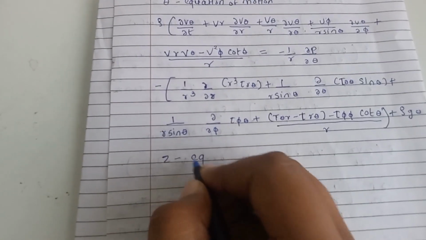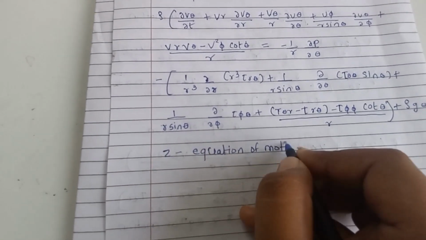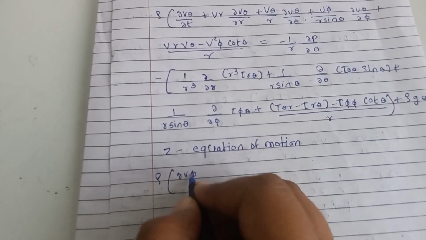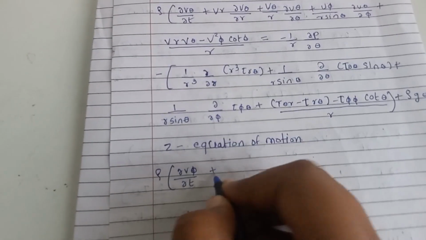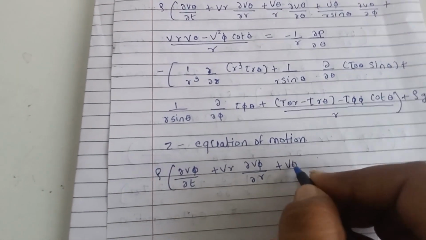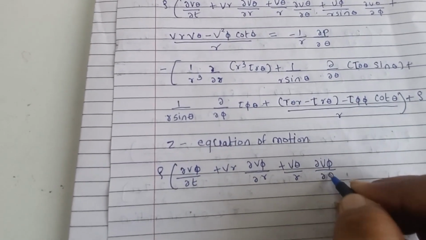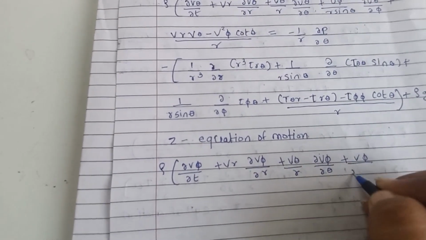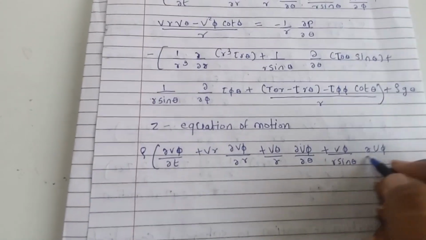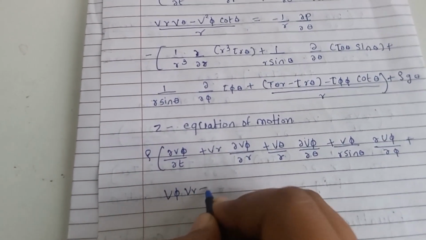Similarly for the phi equation of motion, that is density into del v phi upon del t plus Vr into del v phi upon del r plus v theta upon r into del v phi upon del theta plus v phi upon r sin theta into del v phi upon del phi plus v phi into Vr plus v phi into v theta into cot theta upon r.